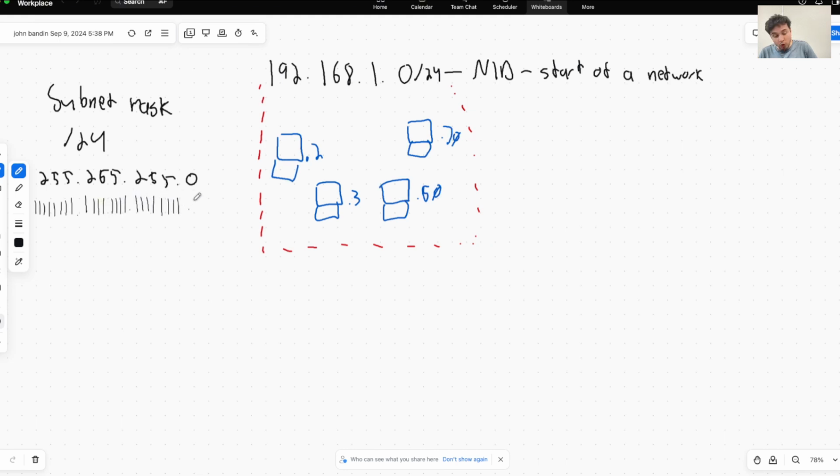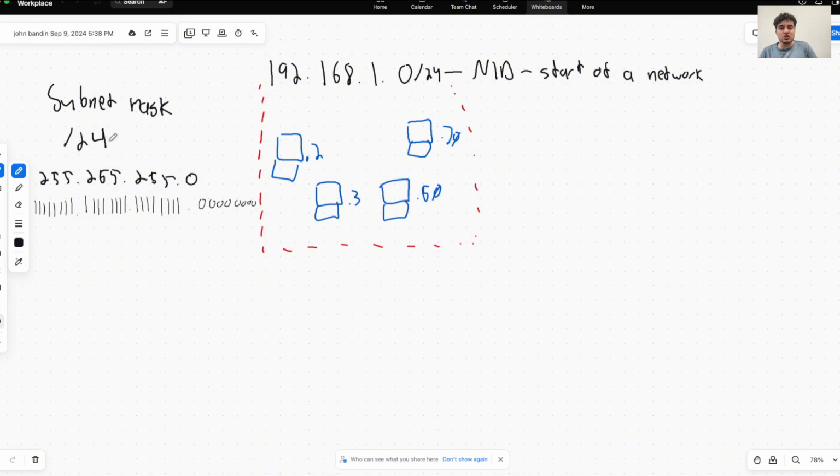So we have 24 ones. You see, /24 is 24 ones. And I swore I was going to get better at handwriting, and I'm going to keep that promise. Okay? And then the rest are zeros. Kind of ran out of space there a little bit. Cool. So we got that.